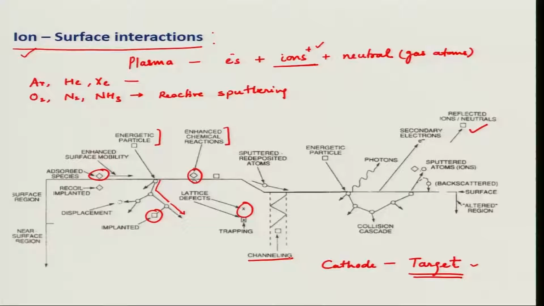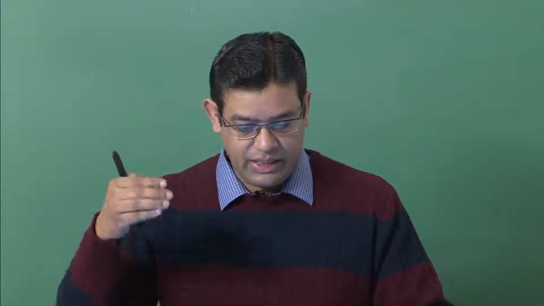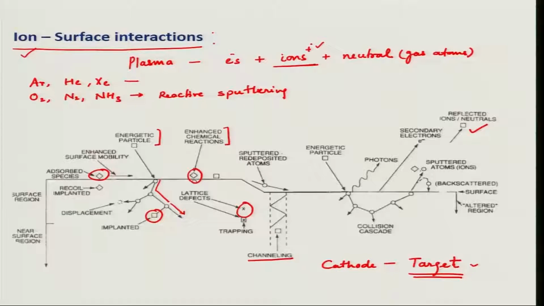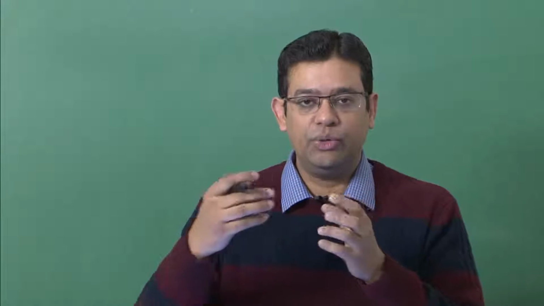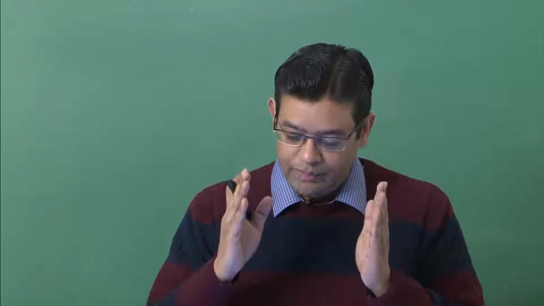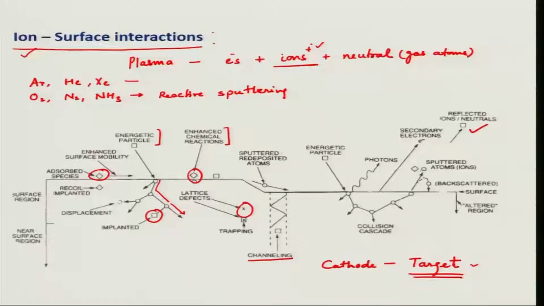Channeling is the process when these positively charged ions find a channel between two lattice planes of the target, and then they feel no resistance from the atoms, because they are moving in between the planes of atoms of the target. So they can just move without much resistance deep into the target, and this is a process called channeling.